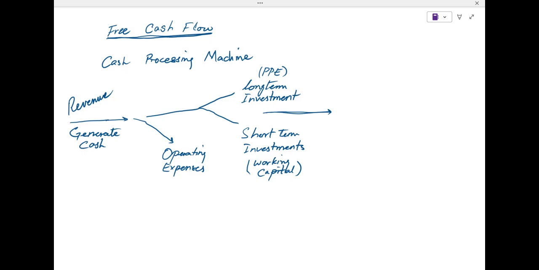Any leftover cash will then be used to pay the lenders, the bond payments, because they have priority over the equity investors. So the bond payments will be made, and those payments are in the form of interest and principal.